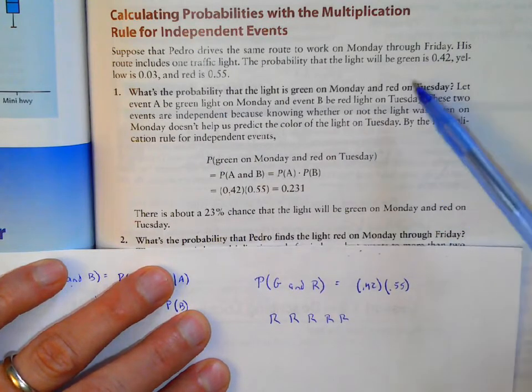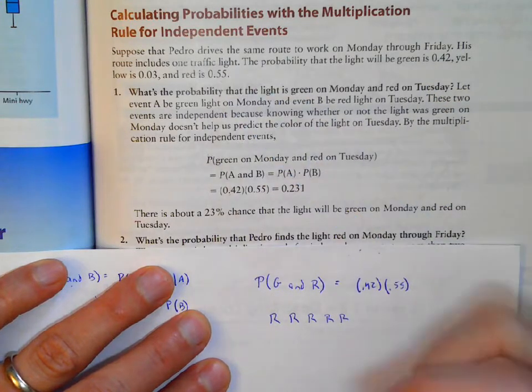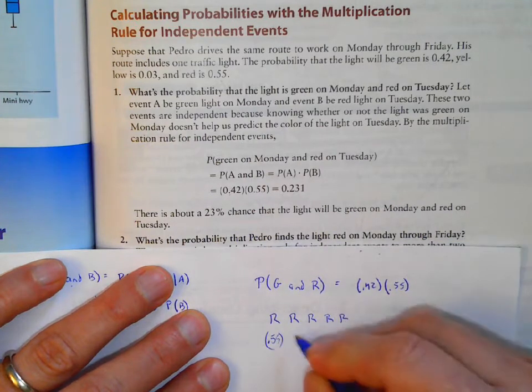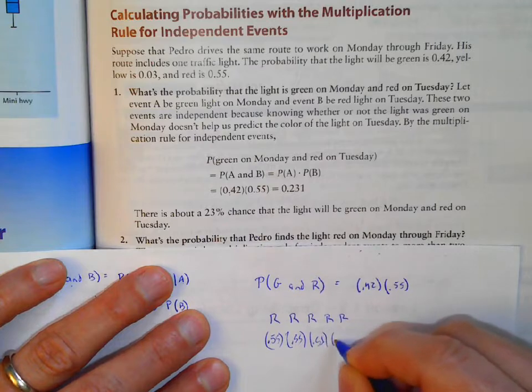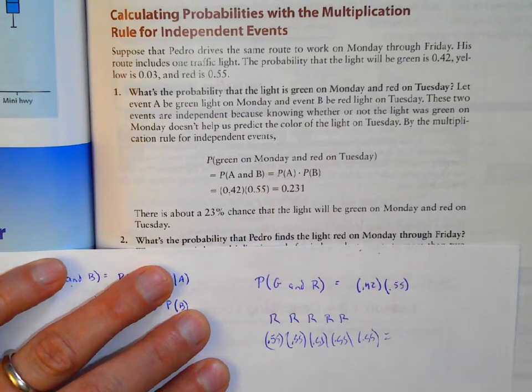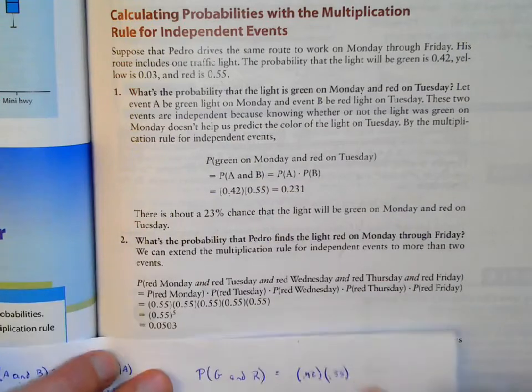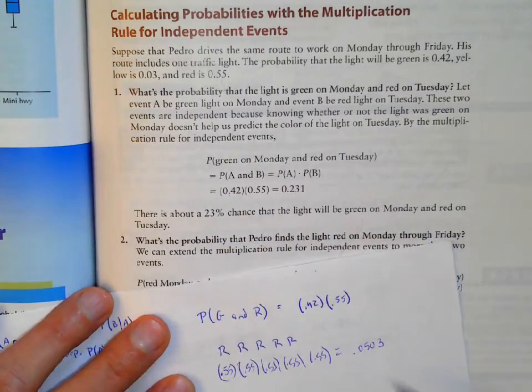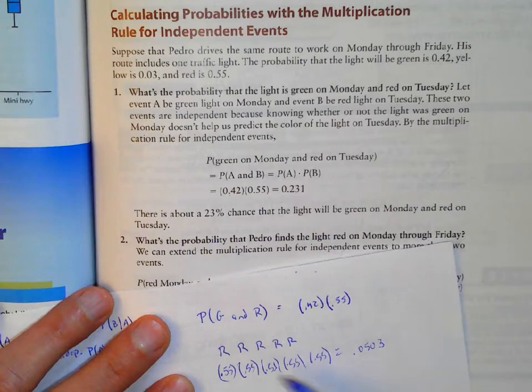So the probability of getting red on each day is 55%, and it's the same for every day. You multiply those all together, you get an answer of 0.0503. So there's about a 5% chance that we're going to get a red every single day of the week when we go through there.